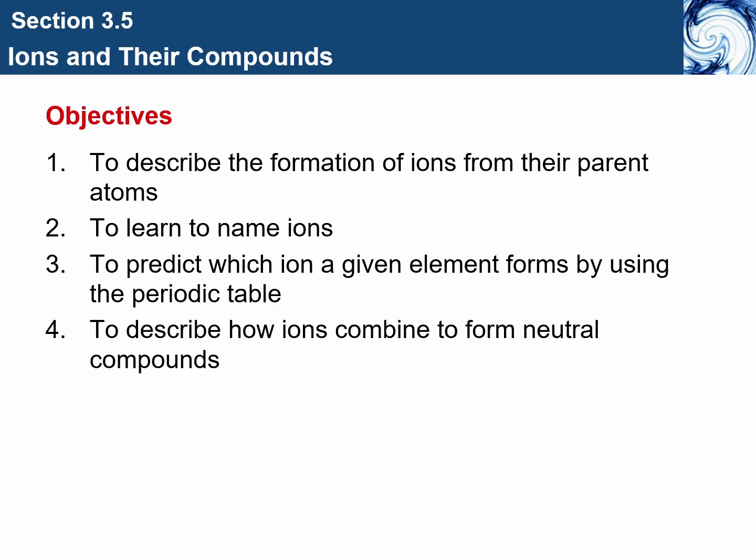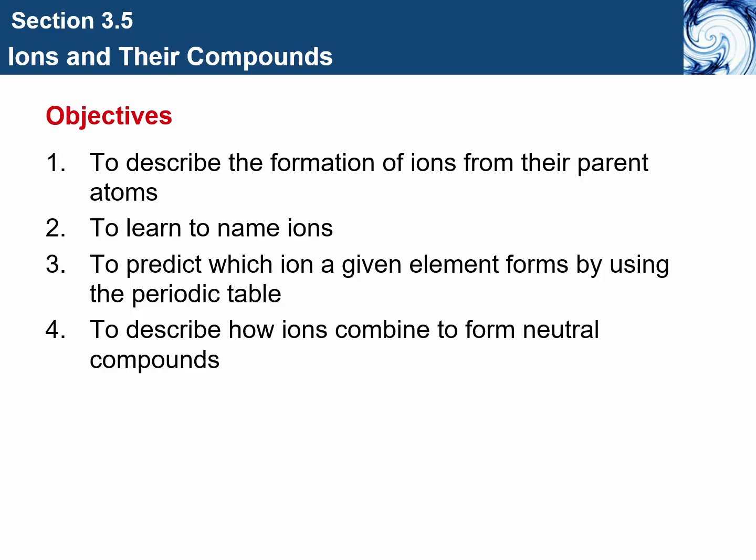And finally, we're here with section 3.5. We're going to introduce the final component, and sometimes the hardest component: ions and ionic compounds. First, we're going to describe what an ion is and how that's different from the neutral parent atom by either gaining or losing electrons.